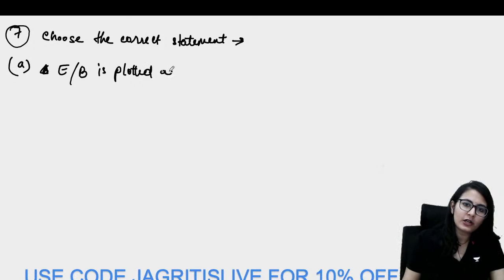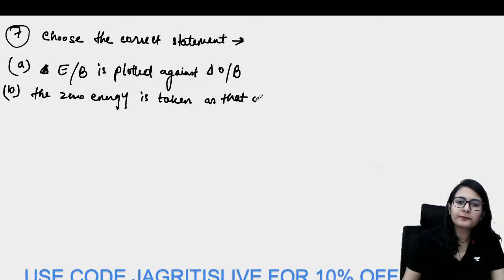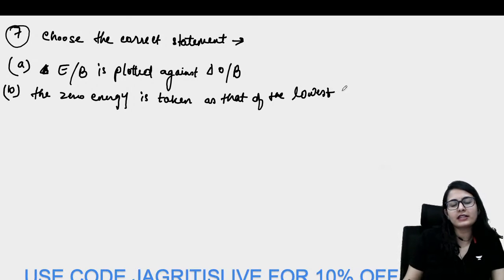E by B is plotted against del O by B. The zero energy is taken as that of the lowest term.